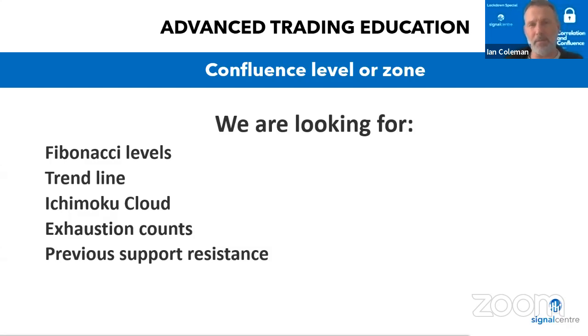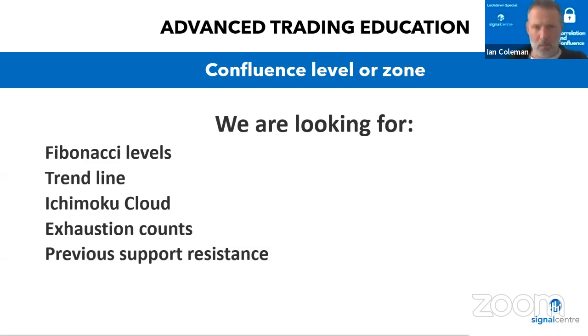Well, this could be numerous different factors. I've just highlighted a few here. I put fib levels, trend lines, Ichimoku clouds, exhaustion counts, and previous levels of support or resistance.